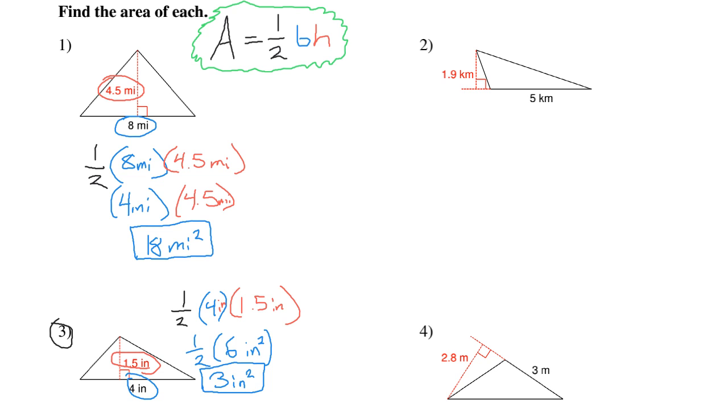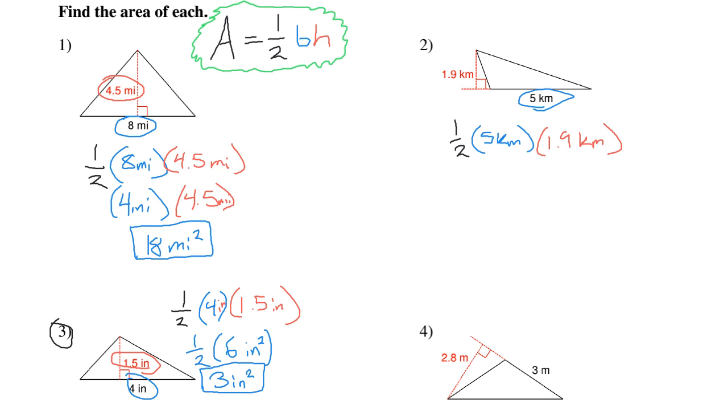I'm now going to move to number 2. So here I've got 1/2 times base, which is going to be 5 kilometers, times height, which is going to be 1.9 kilometers. This one's going to be a little trickier because we have a decimal in here, but that's just fine. We'll just probably have to use a calculator at some point. The first thing I'd really like to do is, again, multiply this base times this height.